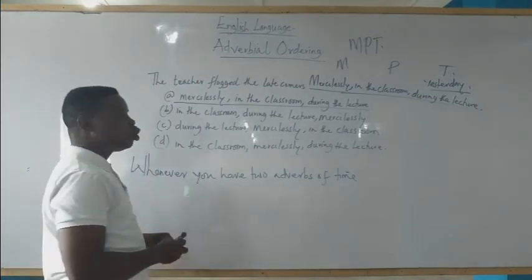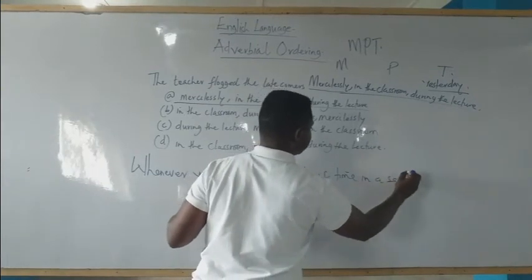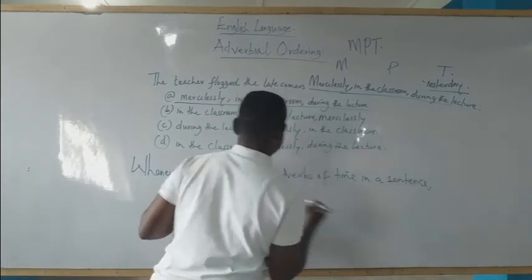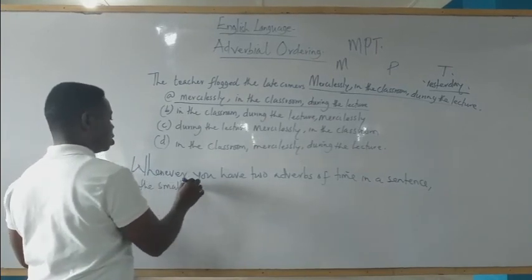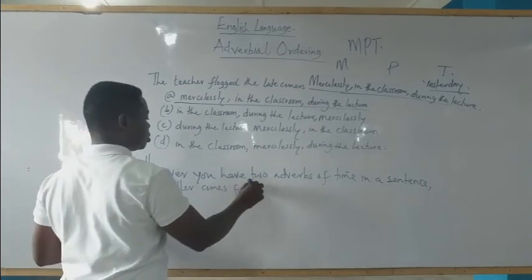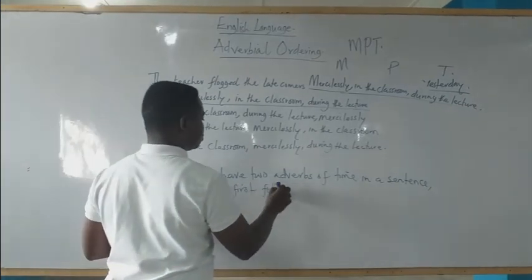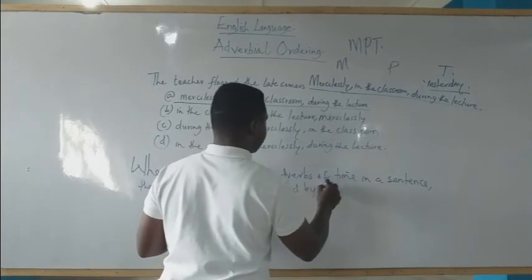Whenever you have two adverbs of time in a sentence, the smaller comes first, followed by the bigger.